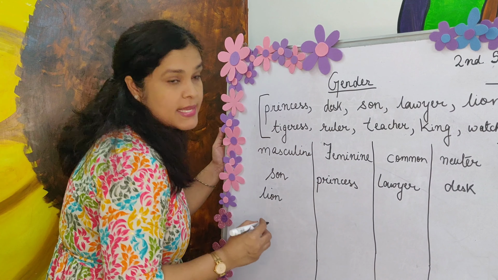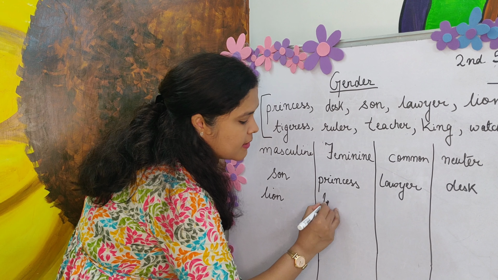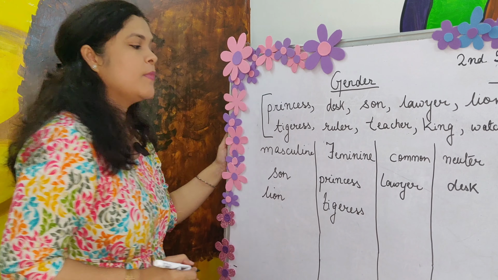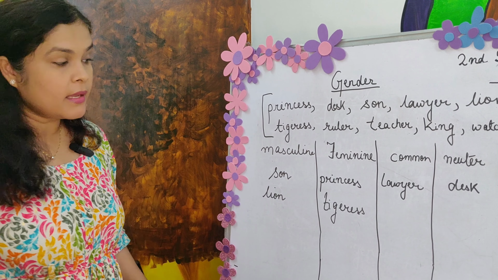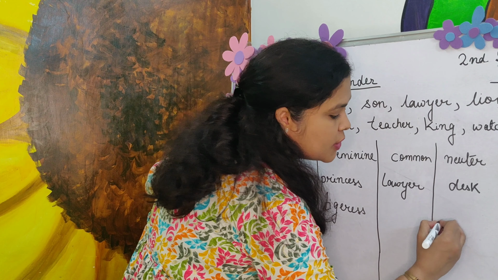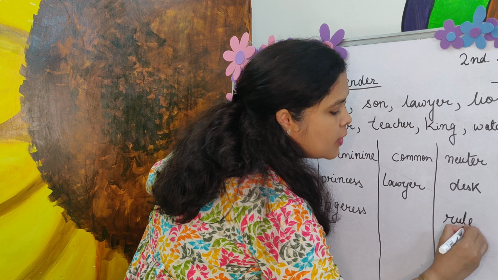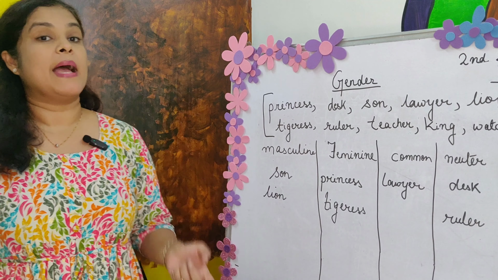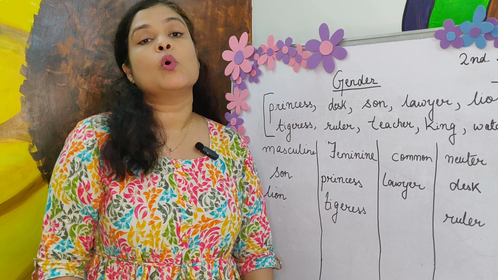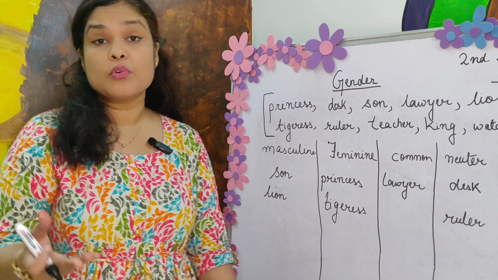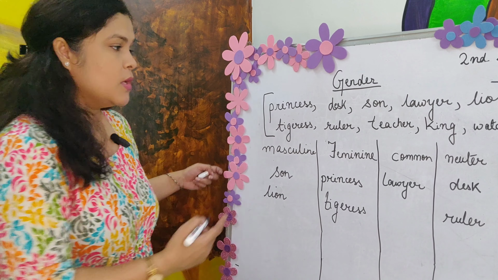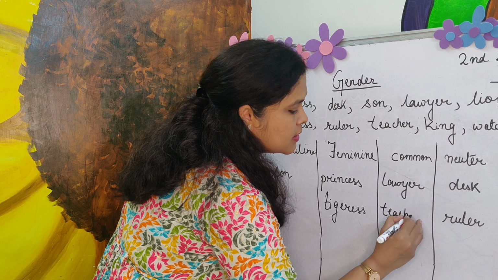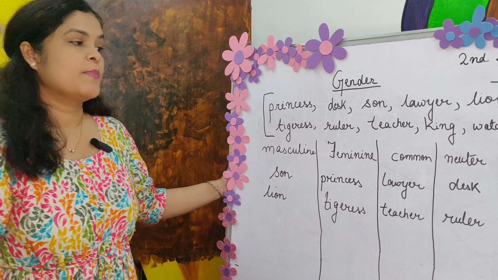Tigress. Tigress, it's a female tiger. So it is a feminine gender. Ruler, ruler is a thing, right? So we put this under neuter gender, which is a non-living thing. Then comes your teacher. Your teacher can be a ma'am like your Sushmita ma'am, and it can also be a sir who teaches you in school or anywhere. So we put this teacher under the category of common gender.